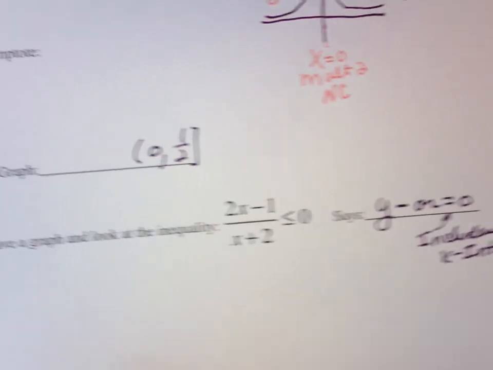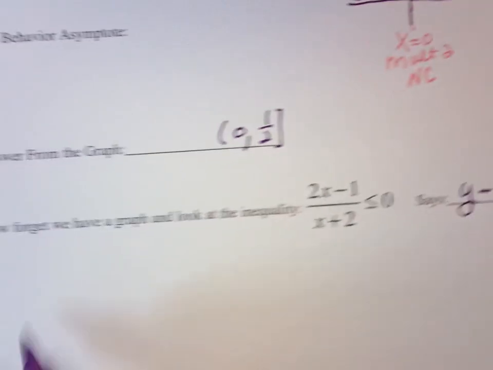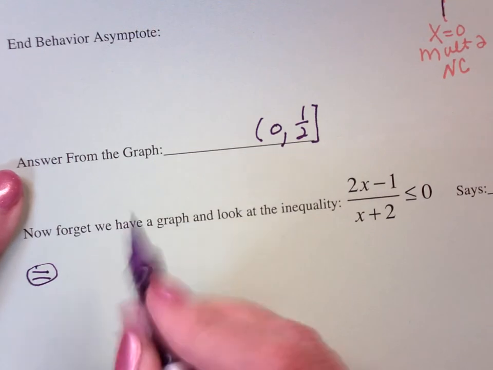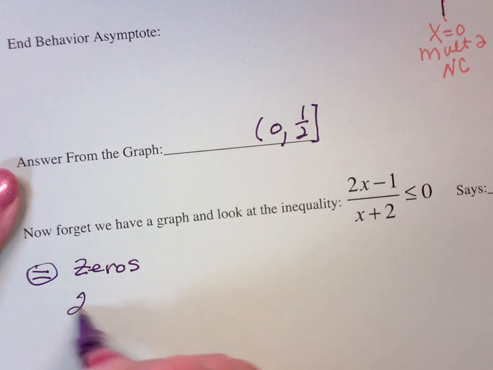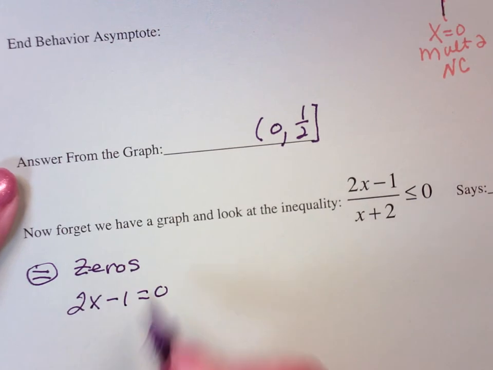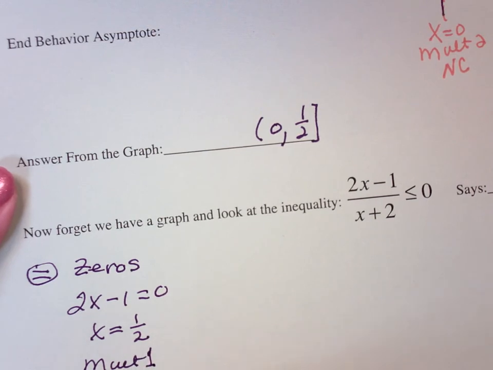So the first thing I'm going to go after is the equal equation. These are the zeros. And that's where 2x minus 1 equals 0. X equals 1/2. This is multiplicity 1, and that means I have a change.